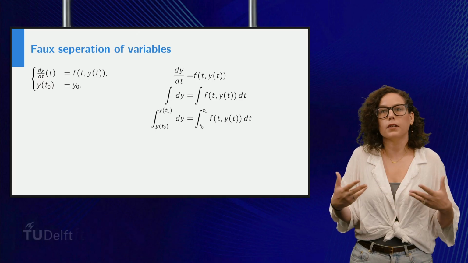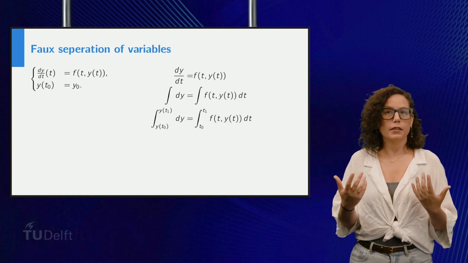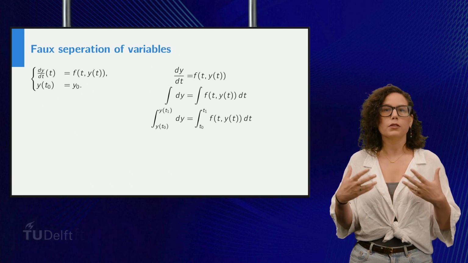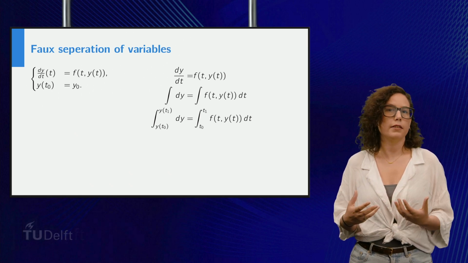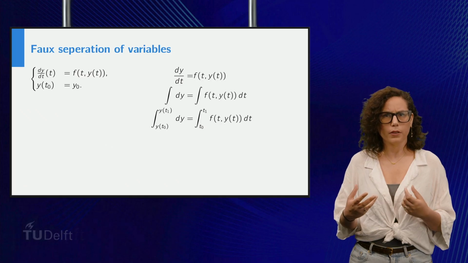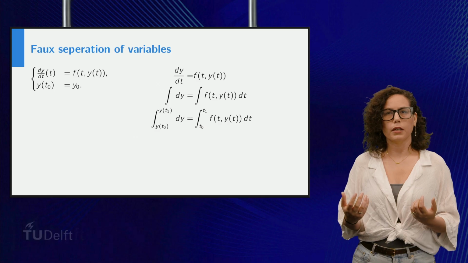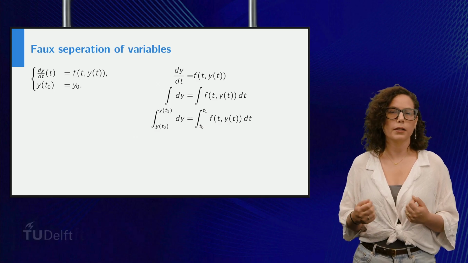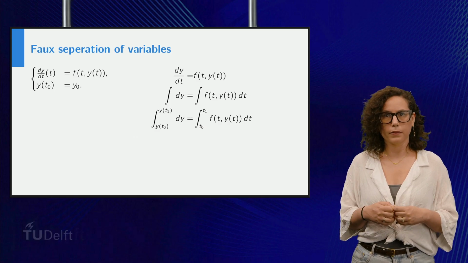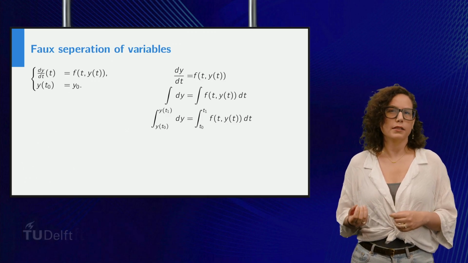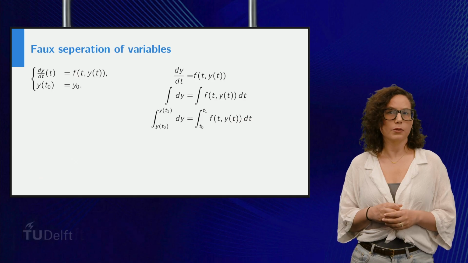But what happens on the left-hand side? Since the integral is over y and not t, the boundaries need to coincide with the boundaries in t. Or in simple terms, the lower boundary is the value of y at time t0, and the upper boundary is the value of y at time t1. Now, the value of y at time t1 is exactly what we would like to approximate.